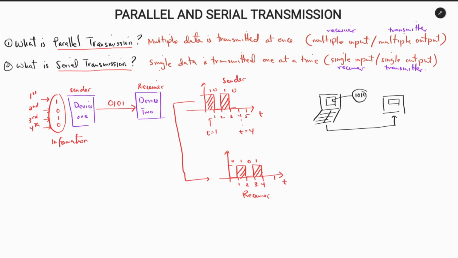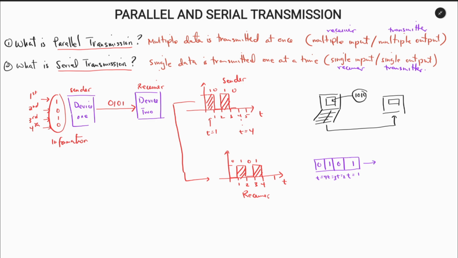We now have the data transmitted serially such that we have 1010, where t equals 1, t equals 2, t equals 3, and t equals 4.